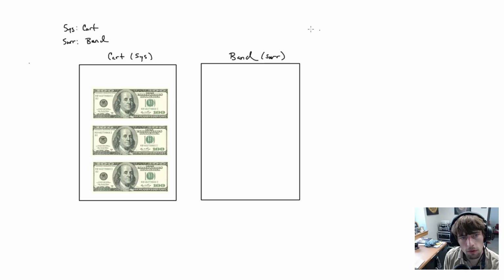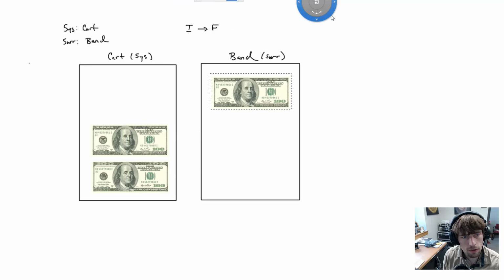And as we move from the initial state to the final state, the cart is continually transferring energy from its bank account, if you will, to the surroundings.